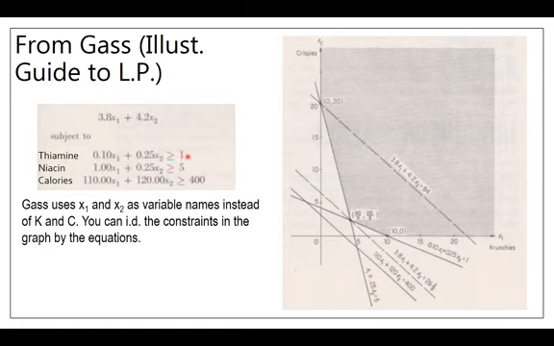Whatever units this constraint is, thiamine needs to be at a level of 1 or larger, and then niacin needs to be at a level of 5 or larger, and then the calories has a target of 400 or more. So we want to get 400 calories into this breakfast, 5 milligrams, we'll say, of niacin and 1 milligram of thiamine.